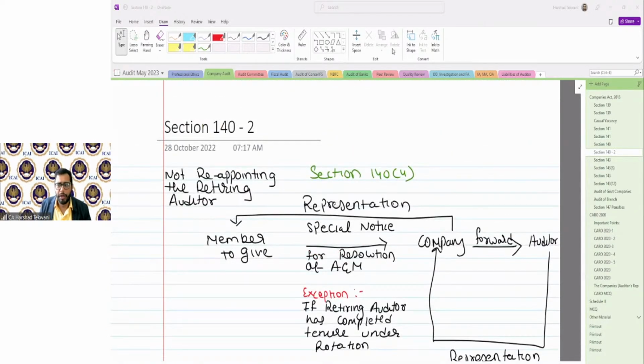Also, let me bring up that particular section. Let me bring up section 145 that we discussed.